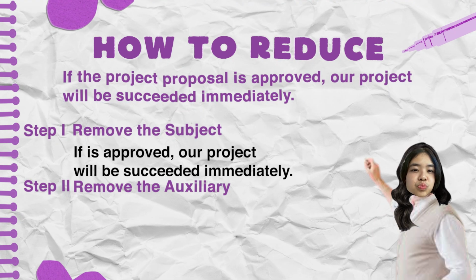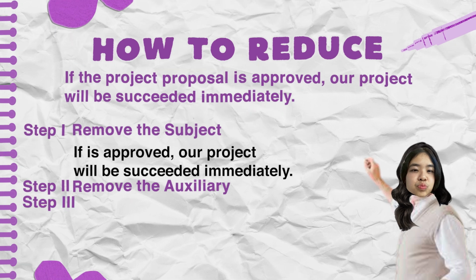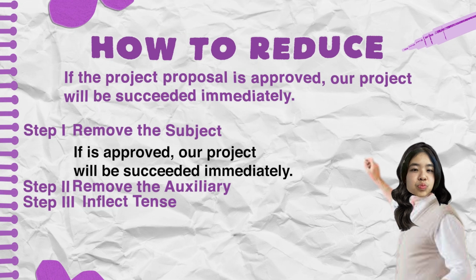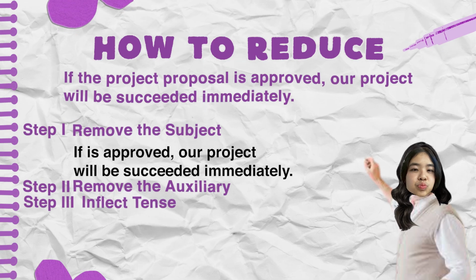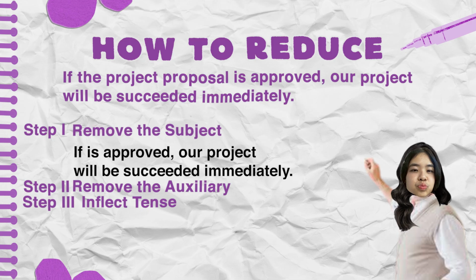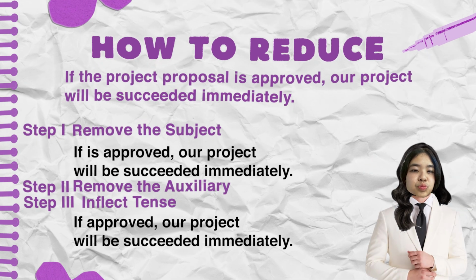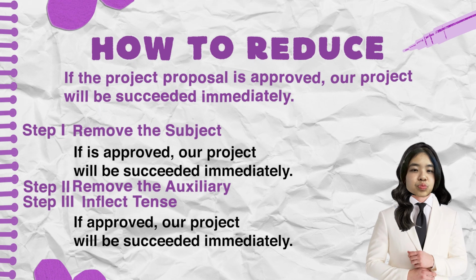Second, remove the auxiliary verb is. The last step is to inflect the tense. Change the participle into the past participle of the verb, approved. Then the answer is: if approved, our project will succeed immediately.